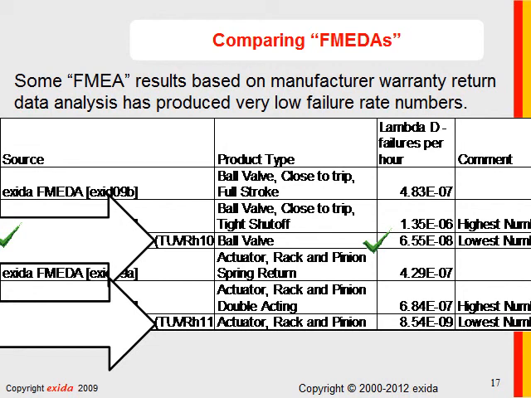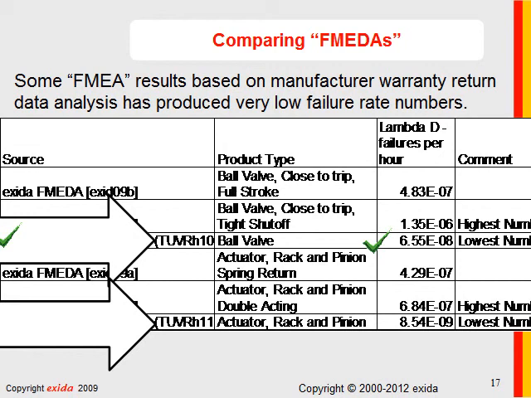Is this a super ball valve manufactured by a super company? We have to find out. Or was there some other method? Is the component database used not so good?